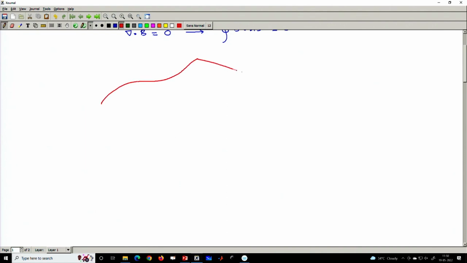Suppose we have a surface boundary like this, suppose this is a surface, and below here we have B, say the perpendicular component, and this is below, and over that also we have B perpendicular, but this is above.